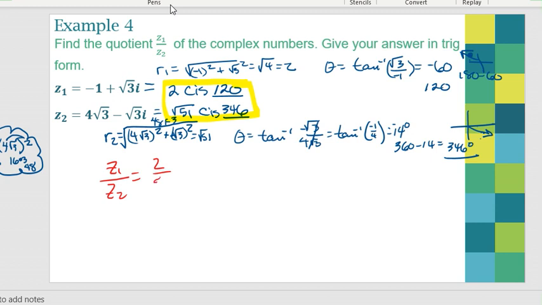So that's going to give me 2 over the root of 51 cis, and now 120 minus 346, negative 226. Can't have this negative 226 here. This is a problem child, so I have to take 360 minus 226. Wow, I got real happy with those 2's.